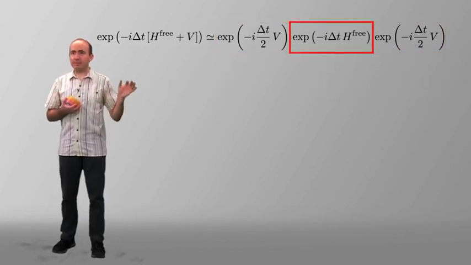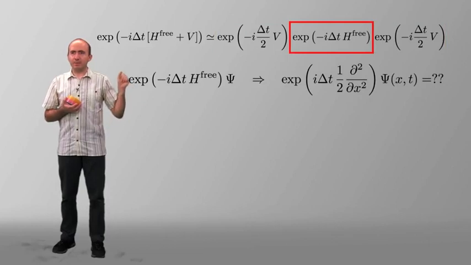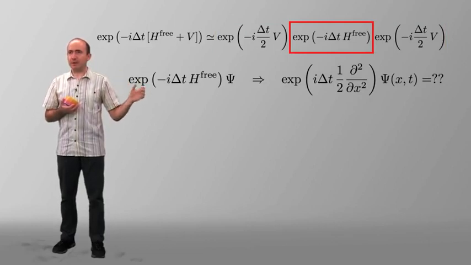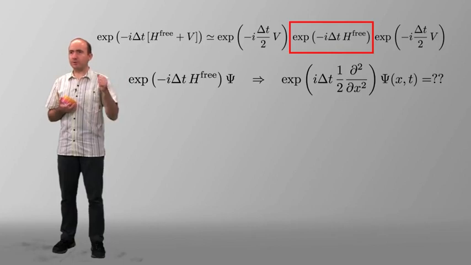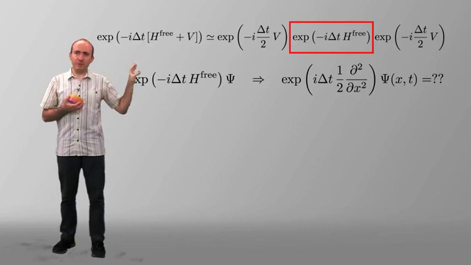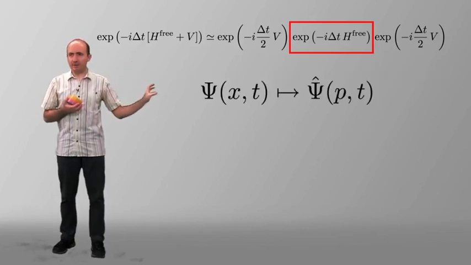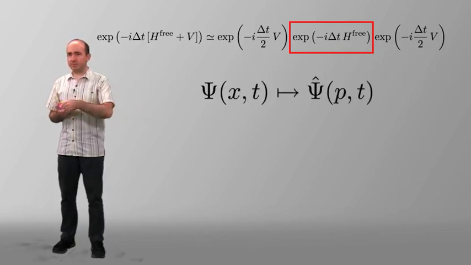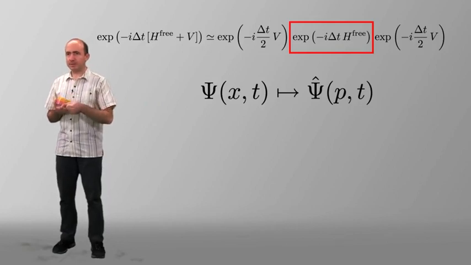The free term is a bit enigmatic, but the mystery is lifted by transforming the wave function to Fourier space for the spatial coordinate. This consists in going from the real space psi of x and t to the momentum space psi hat of p and t.